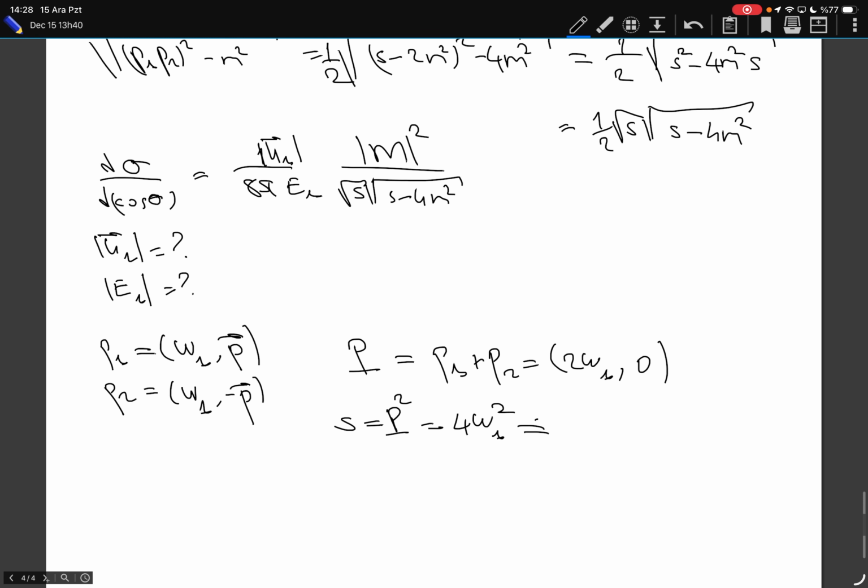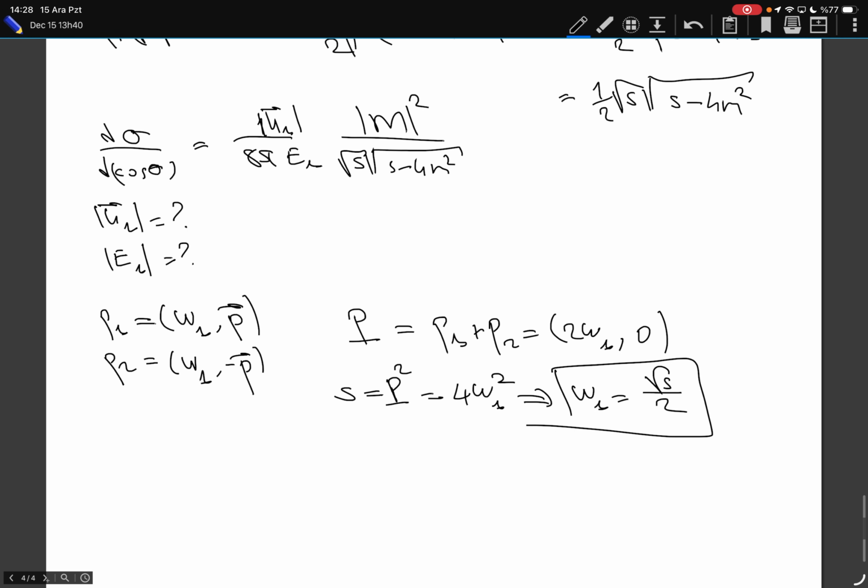So this tells me that omega 1, I can write it as square root of S over 2. Okay, this is something I will use later on. And what else can I say? K1 is E1, K. K2 is E1 minus K. But P is also K1 plus K2 because of energy momentum conservation.